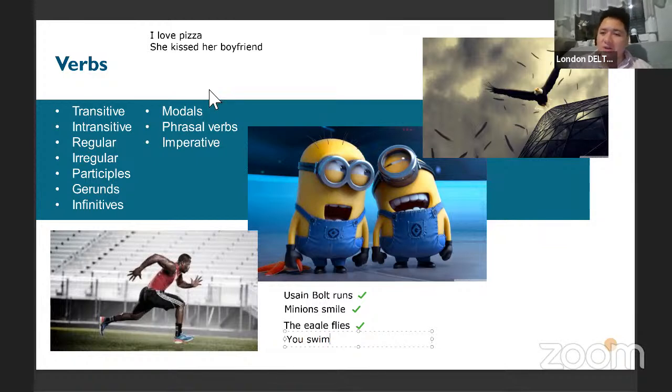No podemos nadar a otra persona. No puedo decir yo nado mi hijo, yo nado mi amigo. So when you use it, it's about yourself. Se sobreentiende que el verbo está afectando al sujeto. That's the intransitive.